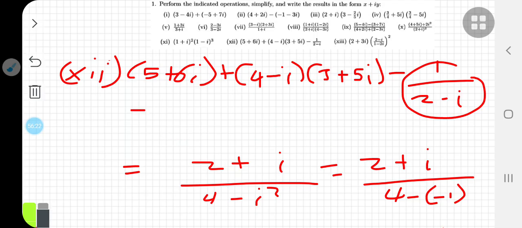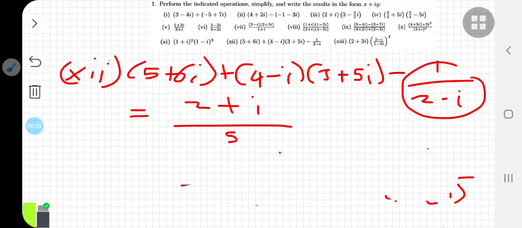And I'm just going to have 2 plus i over 5 there. So this is my last part. I'll put this there because I've killed the i in the denominator. I've made the function not undefined but defined. So I multiply this with its conjugate.